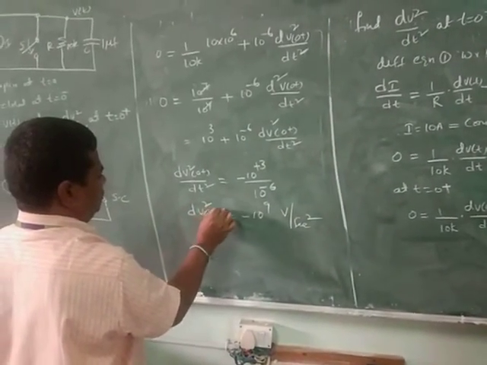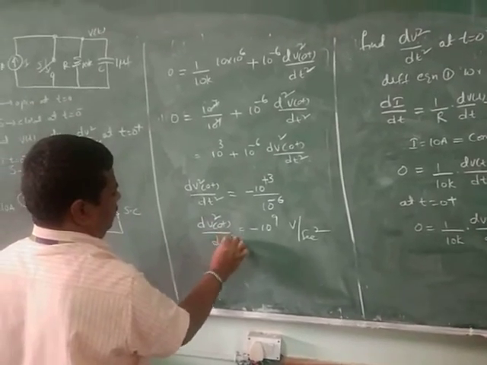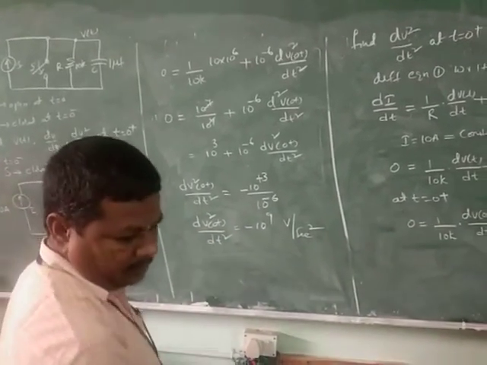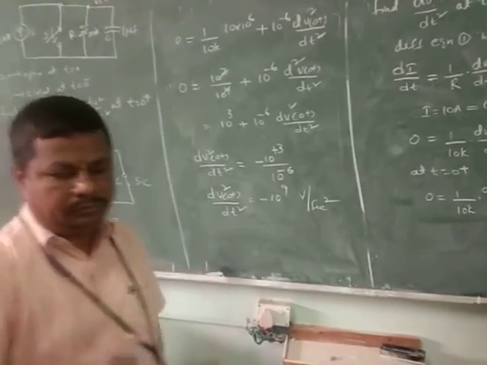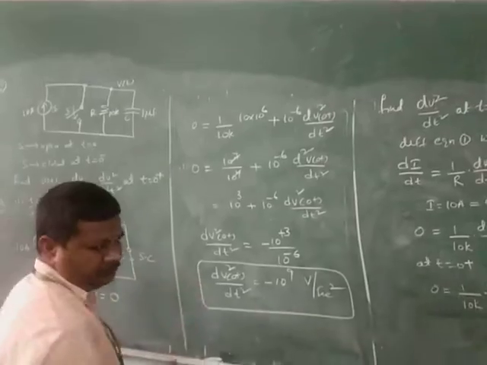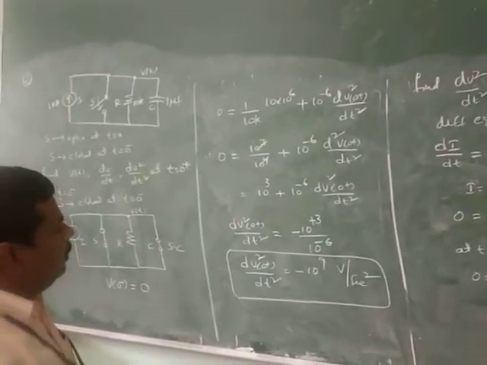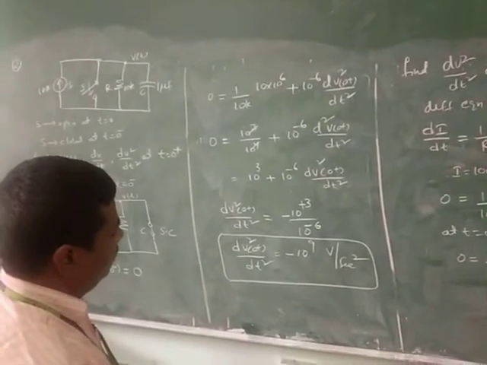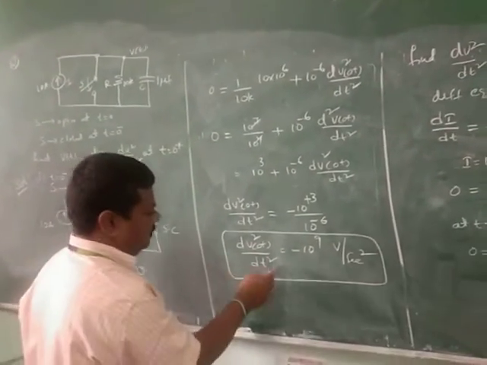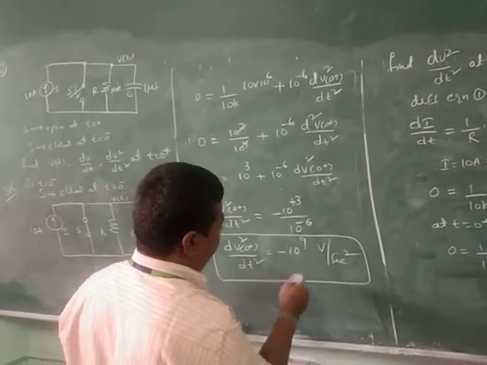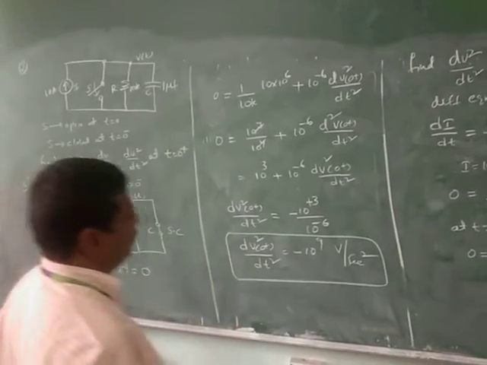So finally, d square V of 0 plus by dt square is equal to minus 10 power 9 volt per second square.